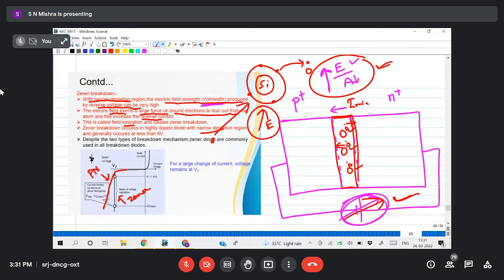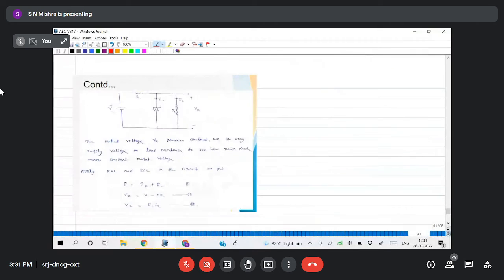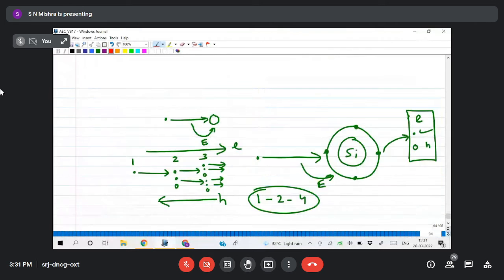Red one is PN junction, Zener is black one. Any difference you mark? Both are increasing current. But anything you mark?